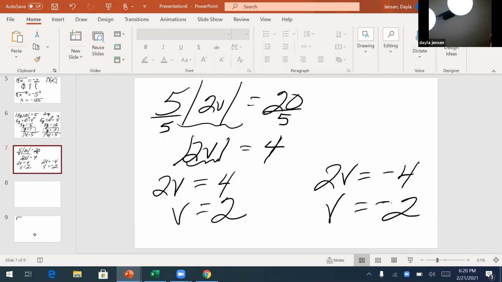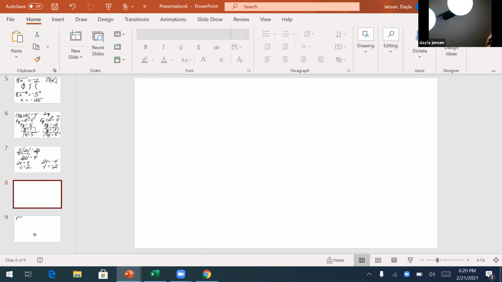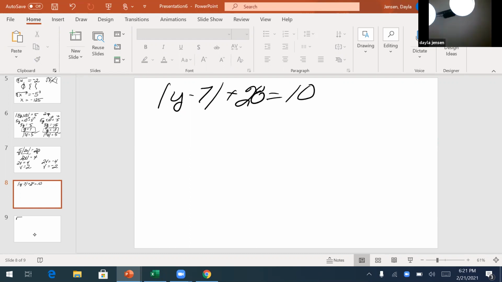Okay, there's another one. How about this one? What if I have |y - 7| + 28 equals 10? Now I can't write it as two equations until I have the absolute value of whatever by itself. So subtract 28 from both sides.